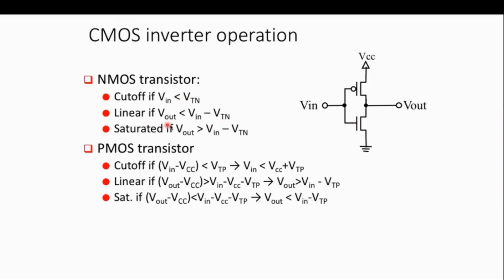When your output is less than your input minus the threshold voltage of NMOS, then your device is in linear region. This is for NMOS. And when your output is greater than Vin minus the threshold voltage of NMOS, then your device is saturated. Similarly, we can say about your PMOS transistor how things go.